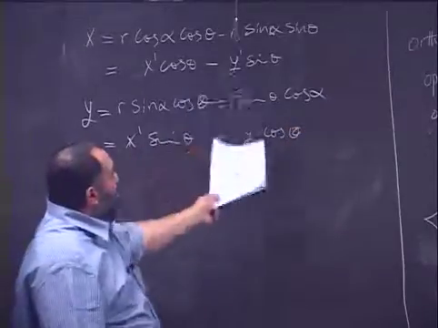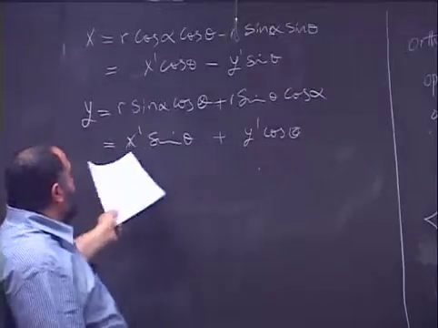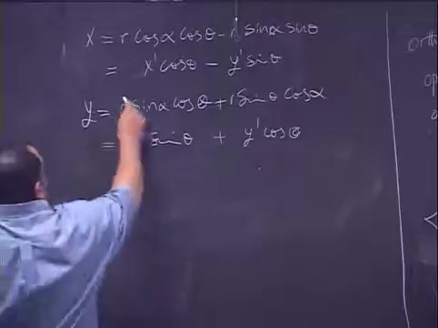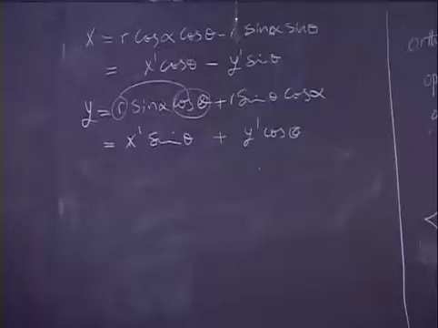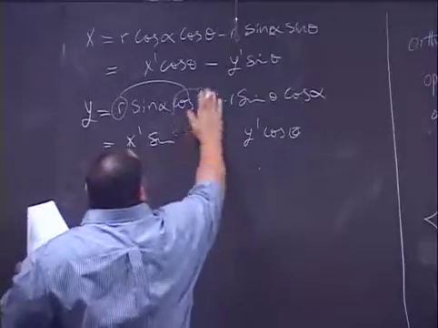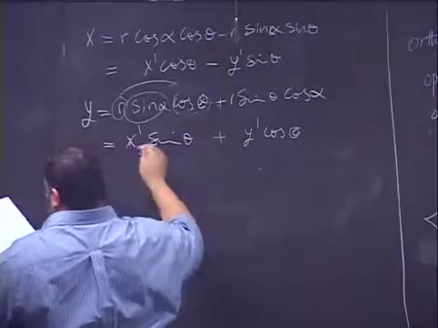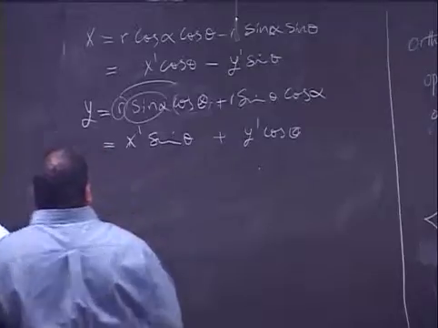Here y prime is multiplied by cosine, and x prime is multiplied by sine theta.